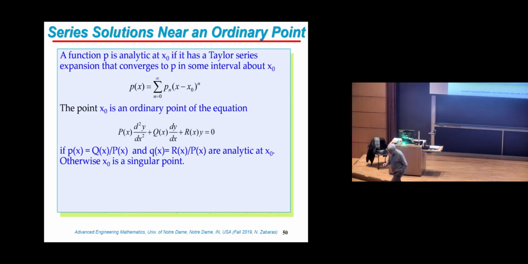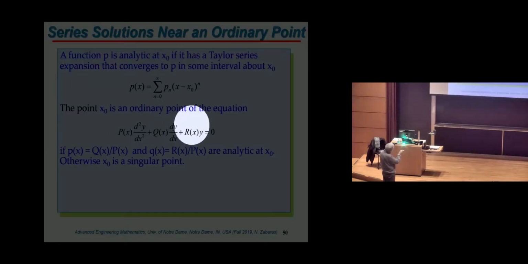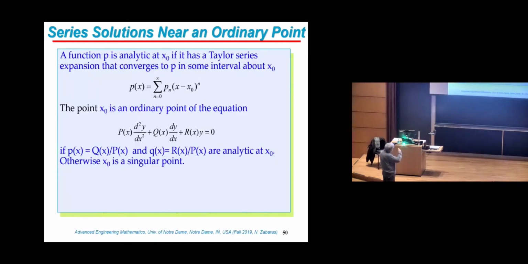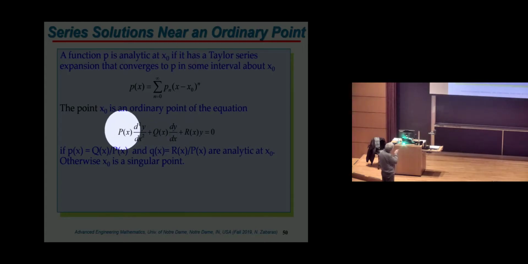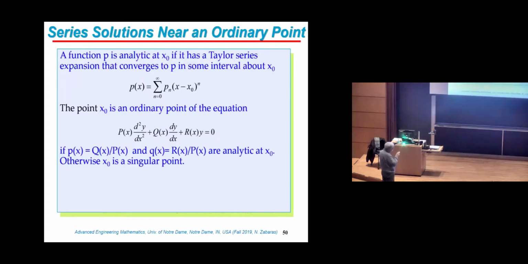In general, these functions p of x, q of x and r of x are not polynomials; they can be sines, cosines, anything. If they're not polynomials, a point x0 will be an ordinary point when these ratios q over p and r over p are analytic functions at the point x0.